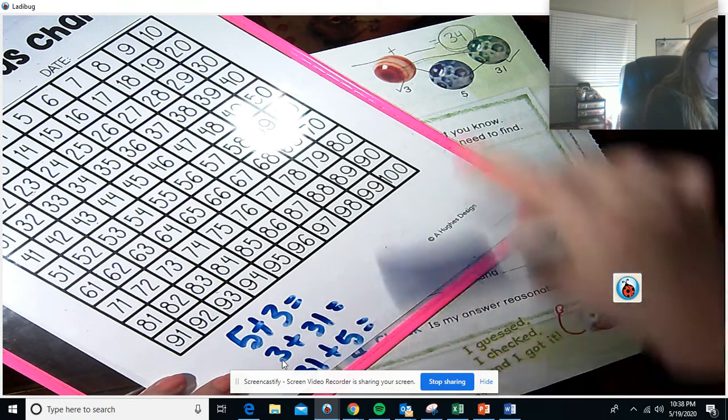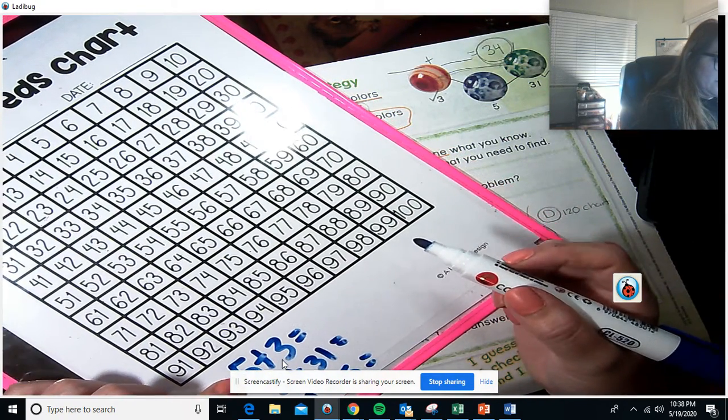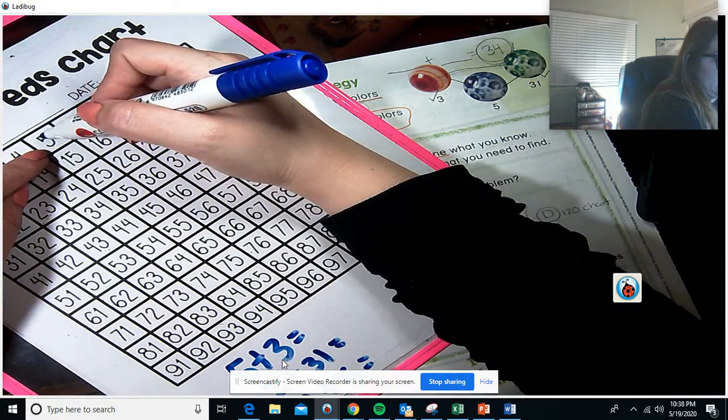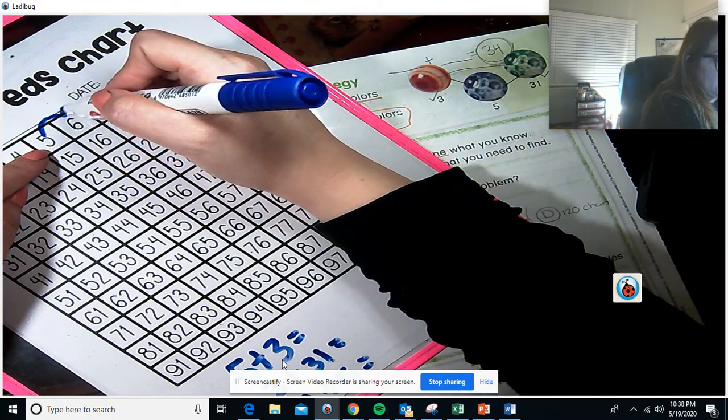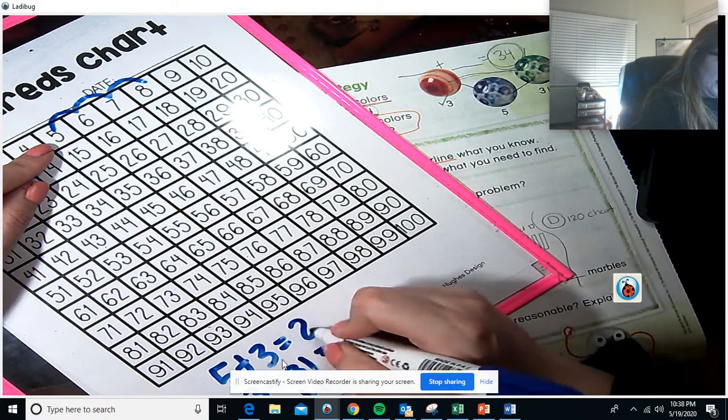And we're going to see which one equals 34. So let's do 5 plus 3. So I'm going to do 5 plus 1, 2, 3. Okay, that equals 8.